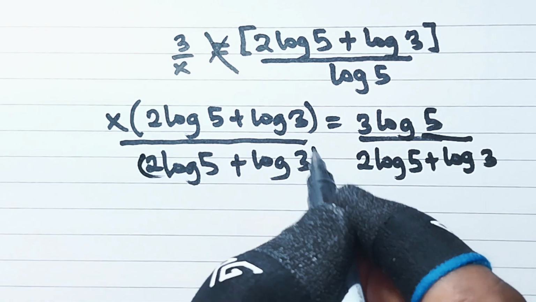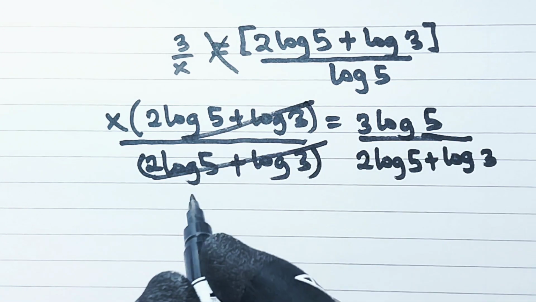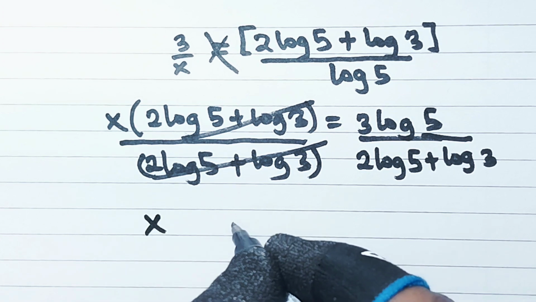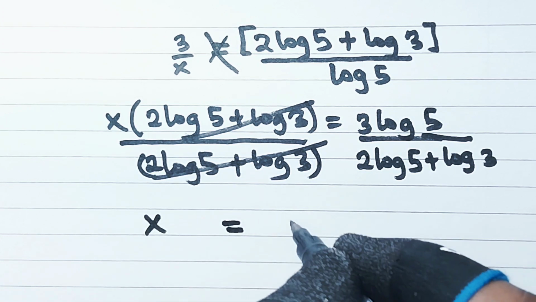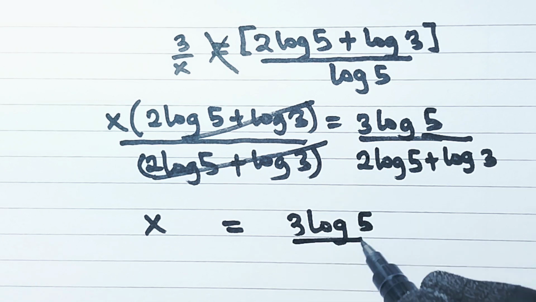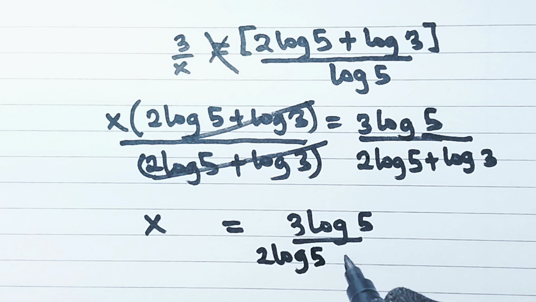So all of this goes away. So whatever we get from this right hand side is our final solution. So I have x is equal to 3 log 5 divided by 2 log 5 plus log 3.